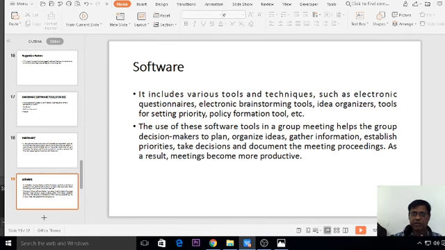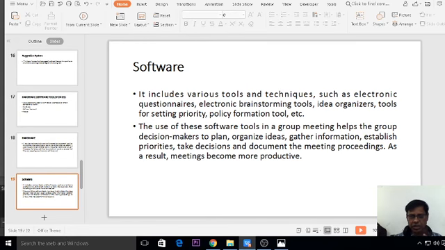So this software includes questionnaires, electronic brainstorming tools, idea organizers, tools for setting priority, policy formation tools, etc.